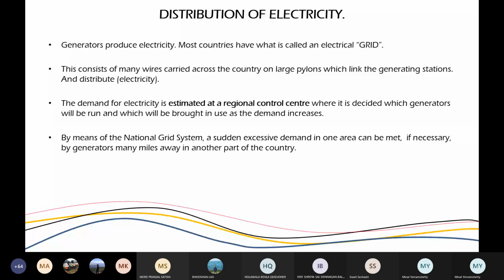Can you see my screen, guys? It's still stuck on the distribution of electricity. I have already gone out and come in. Maybe I'll have to exit totally and join back again. Is that fine? Because otherwise there is no option, and I don't know what to do. You can try to reshare, like stop sharing and share it again.